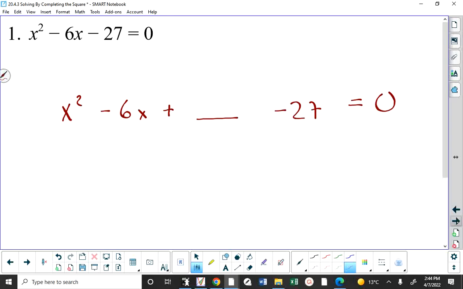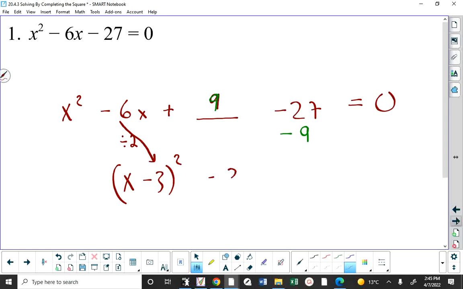We take negative 6 and we divide it by 2 to get negative 3. And then we square it and we get 9. So I need to immediately correct that and subtract 9. And what I end up with is x minus 3 squared. Don't forget that half of that number in front of x is what goes in the brackets.